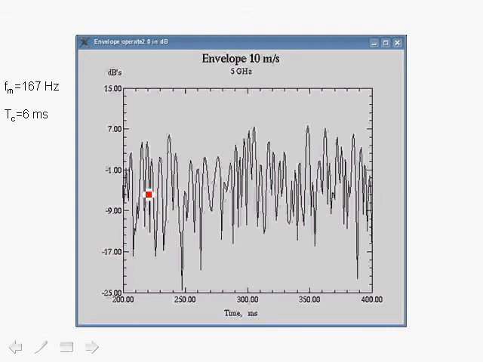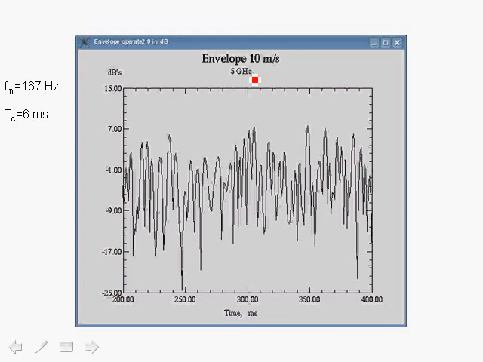We see that there are many deep fades as a function of time. So Doppler shift does cause quite a bit of problem in mobile communications, and we have to come up with ways for combating the fading due to Doppler shift in a mobile wireless communication system.